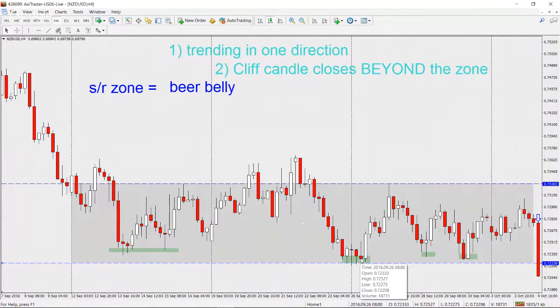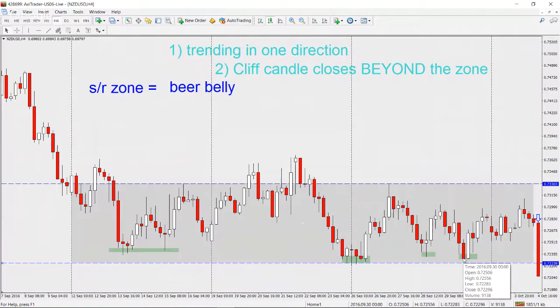It closed there at 72.29. It closed there at 72.50, and it closed there at 72.29. This close, all of a sudden, is at 72.05. So it's much lower than the lowest close we've seen around this zone.